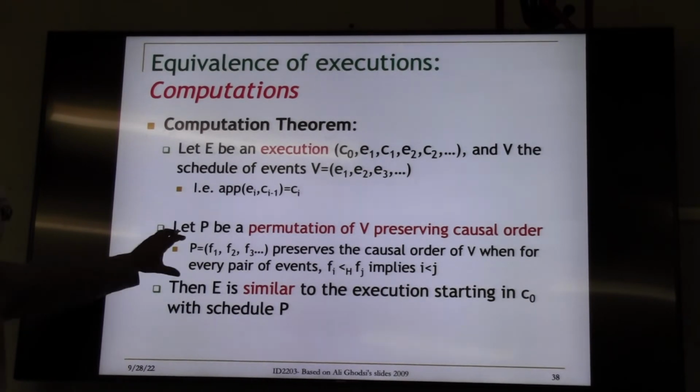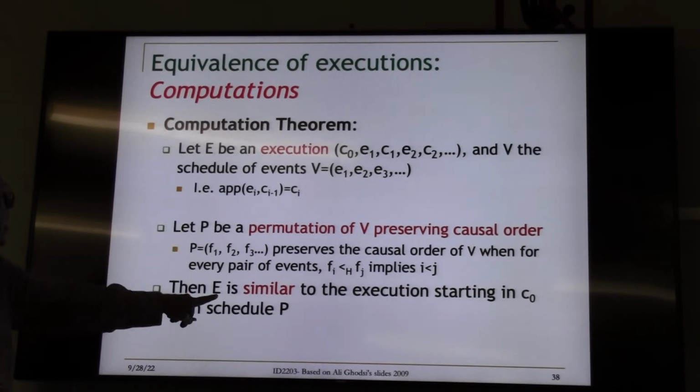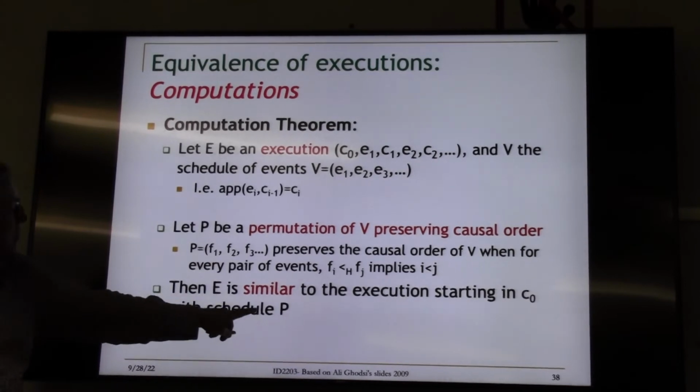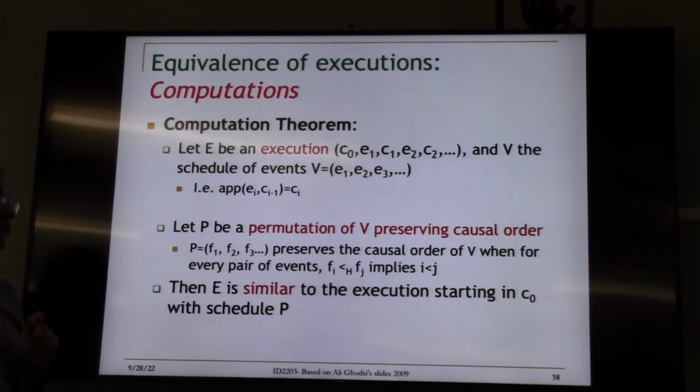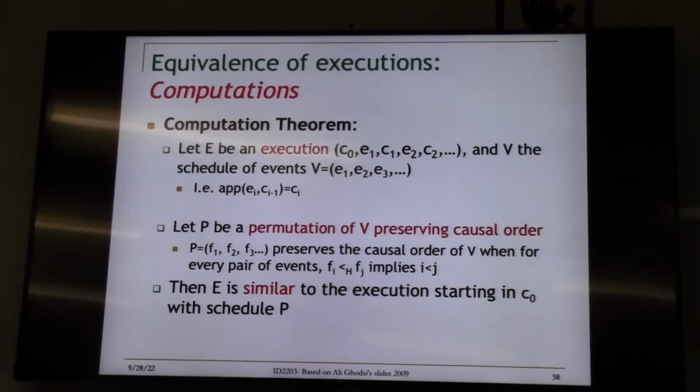Well, in that case, E will be similar to the execution using P. That means if you move around the events, but you preserve the causal order, so you don't travel backwards in time, you keep traveling forward. So basically what you're doing is the delays can be delayed, but only towards the future, not towards the past.